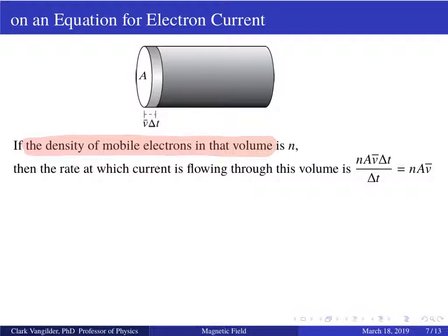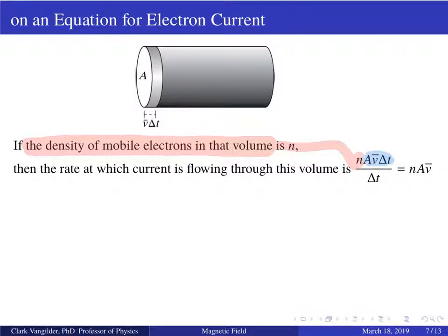We're just going to call it n, the mobile electron density number. So this number n just comes into what we just worked out.